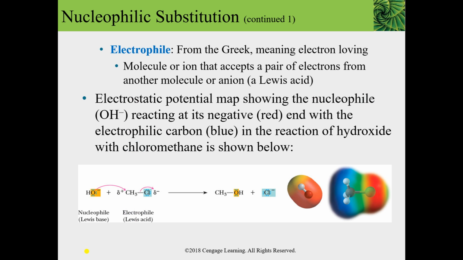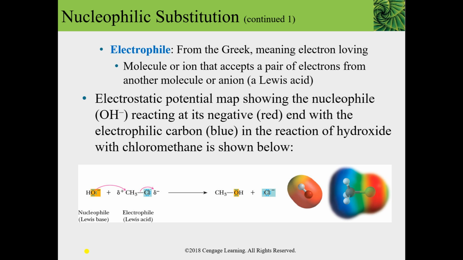So with our electrons that are being donated, we are going to get what we call an electrostatic potential map that shows the nucleophile reacting at its negative end, and the electrophile in the reaction, kind of like the partially positive end. Okay.